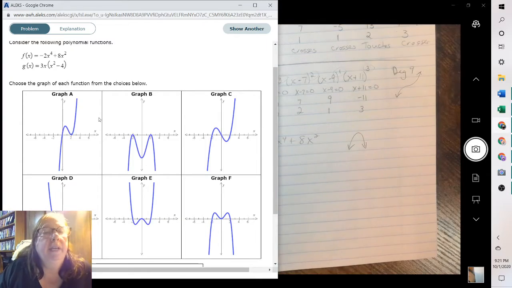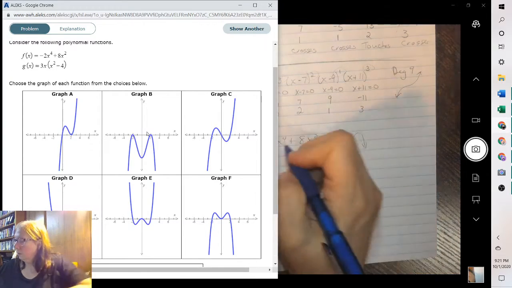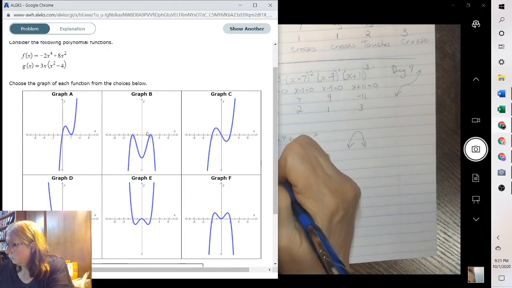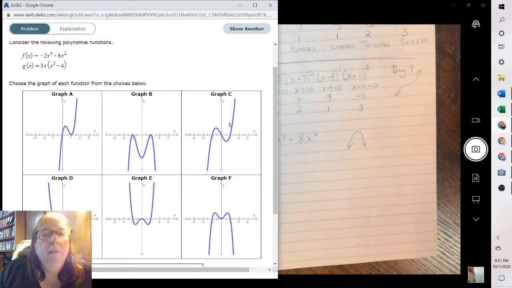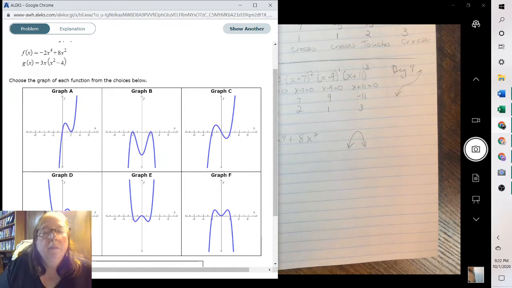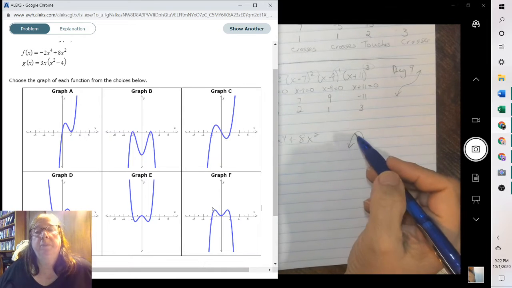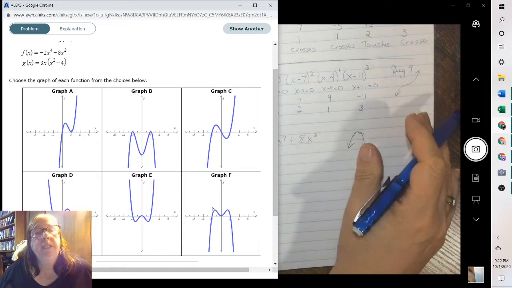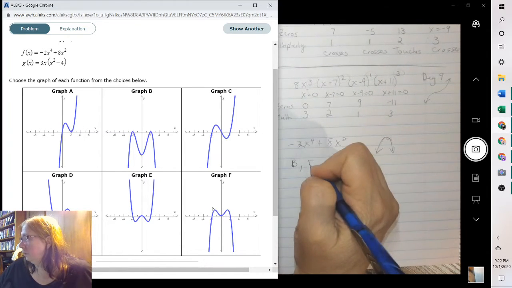Well, that takes out A. It could be B and it could be F. I don't know how many graphs there are. So B and F, because they're the only two that are both going down, because it has to be like a parabola. It can have some bumps in there, but they both go down. So it's B or F.